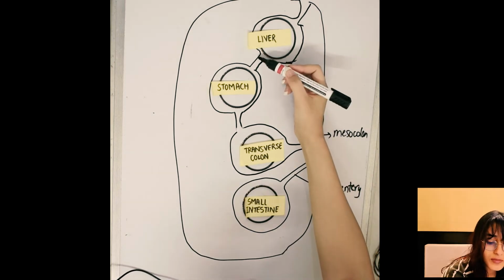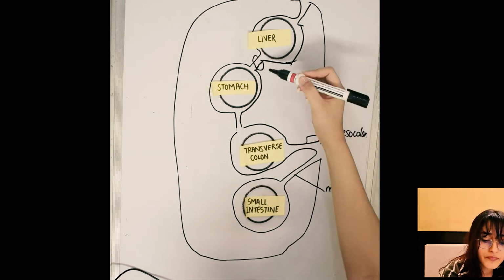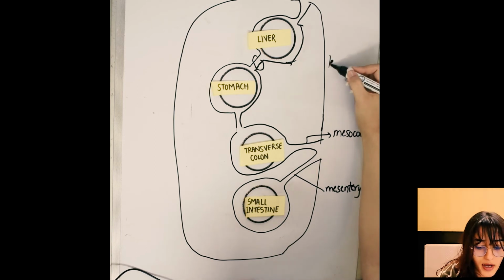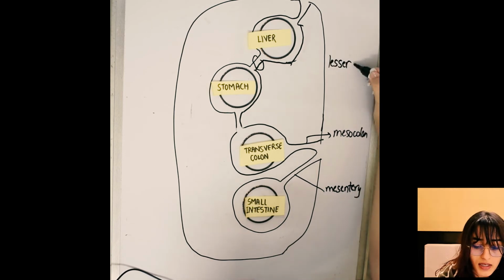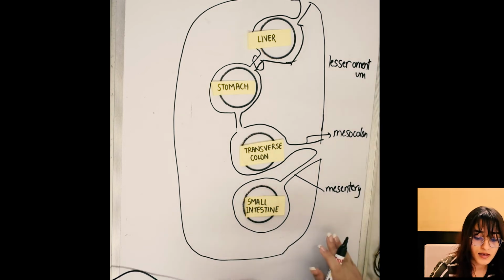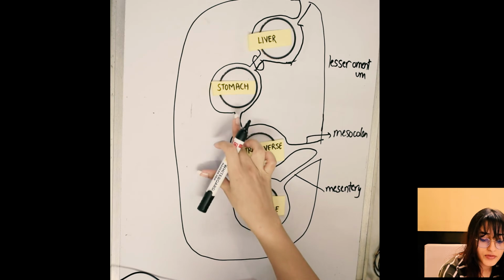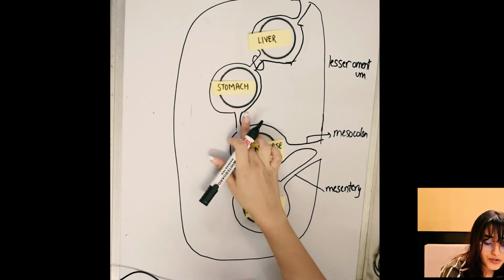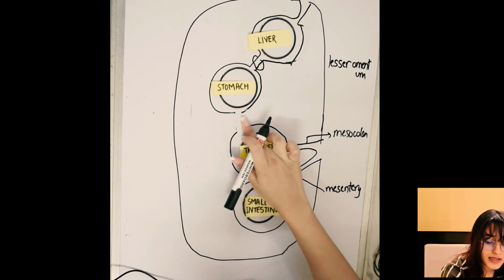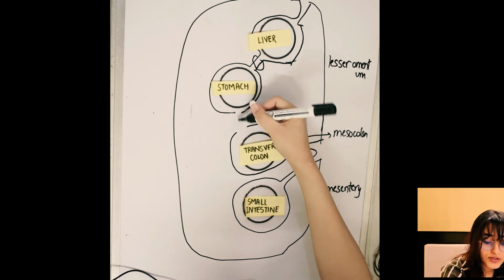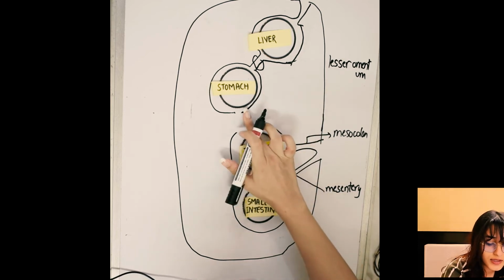Now, from liver to stomach, this will be your lesser omentum, I'm writing lesser omentum, it's basically your hepatogastric ligament. But this fold, from stomach to transverse colon, is not directly towards the transverse colon.